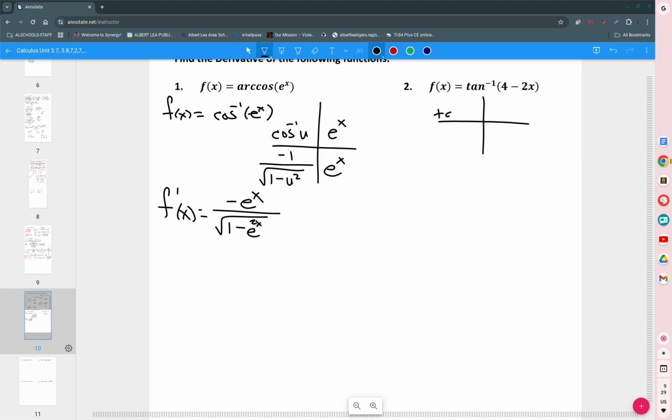Chain rule, tangent inverse of u, and 4 minus 2x. The derivative of 4 minus 2x? Negative 2. The derivative of arc tangent, can somebody remember without looking at it? No, I think just 1 over 1 plus u squared, yep.